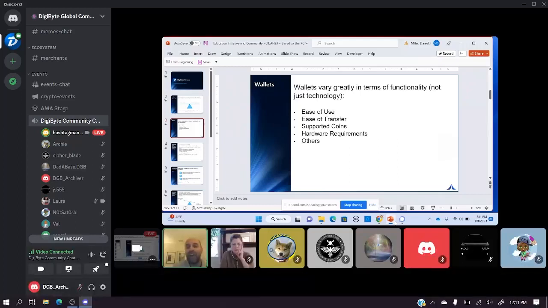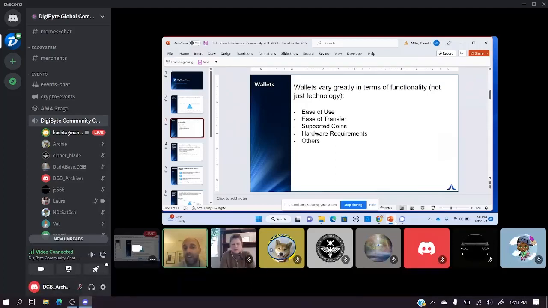While it varies greatly in functionality, I know this group is probably very familiar with that. We've seen a lot more ease of use, ease of transfer, the coins that they support, which is a revolving door, different types of hardware and even browser requirements or operating system requirements and others.